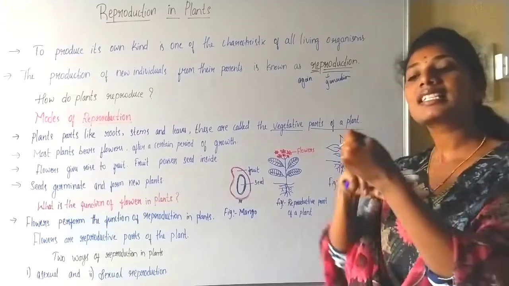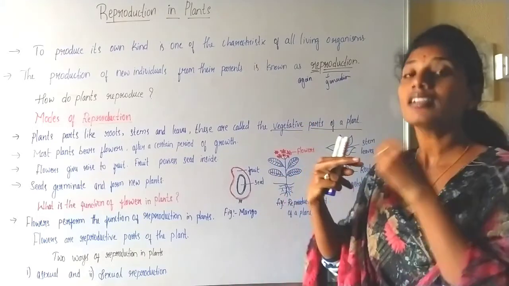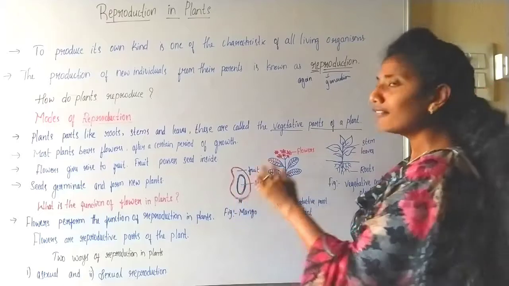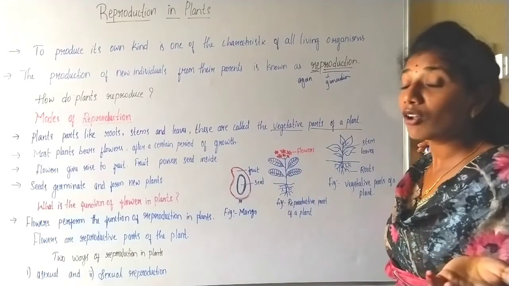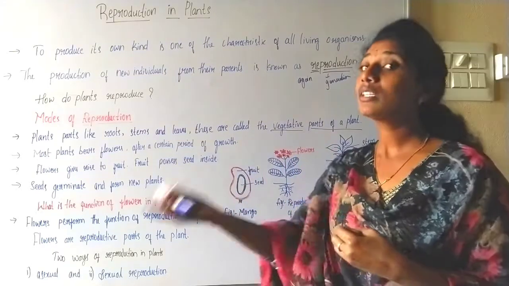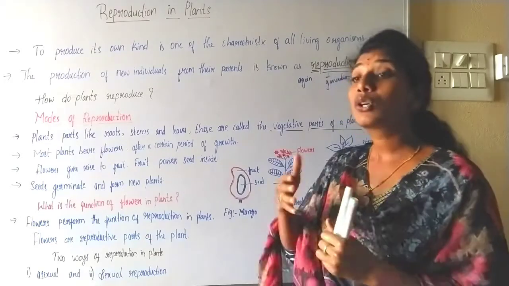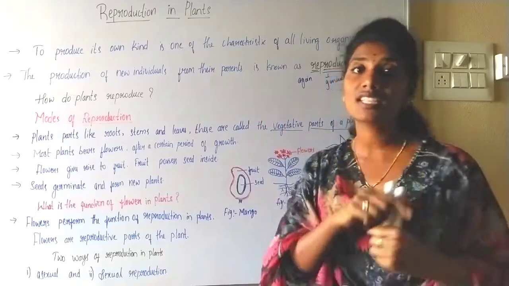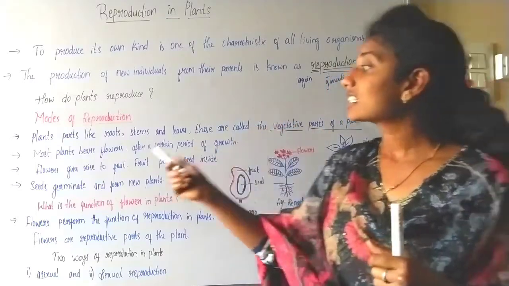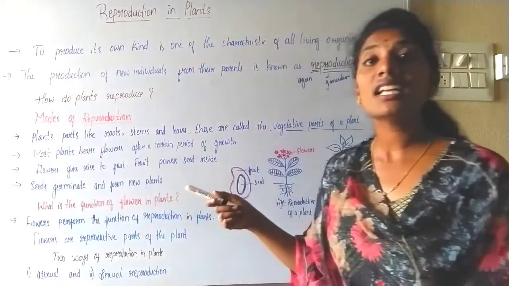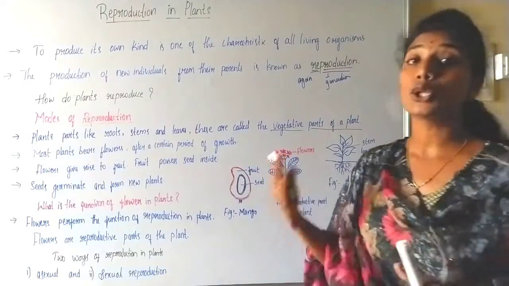So the seed is covered by the fleshy part, right? This seed we generally discard. We are not going to eat the seed. If you throw this seed in your garden, after a few days you can see the growth of a new plant from the seed. That means a seed will germinate and lead to a new plant.